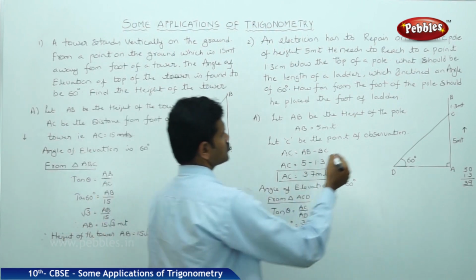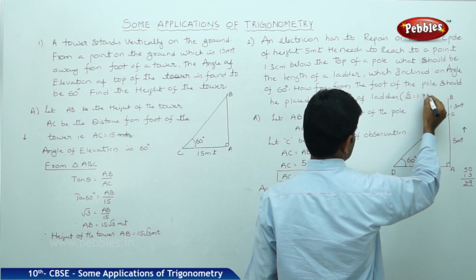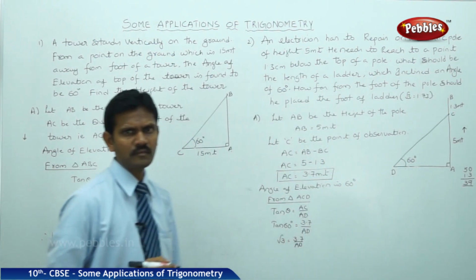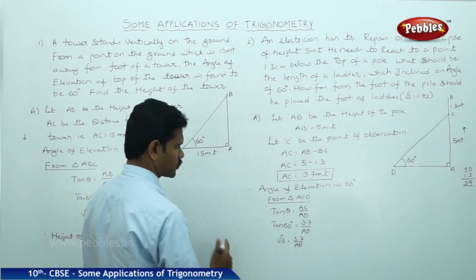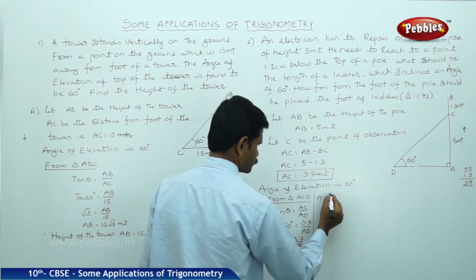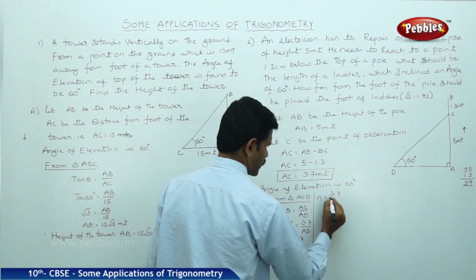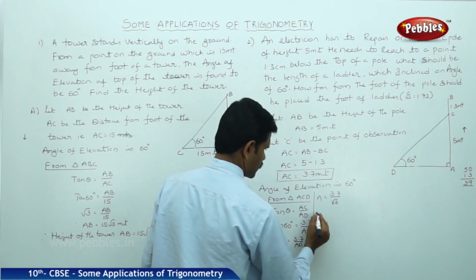Now here in the question, root 3 is equal to 1.73. That is the root 3 value we have to use. That is, AD is equal to 3.7 by root 3.